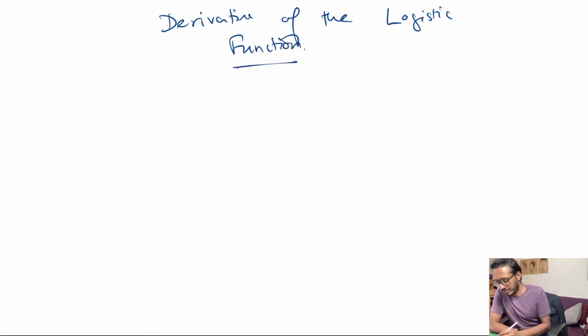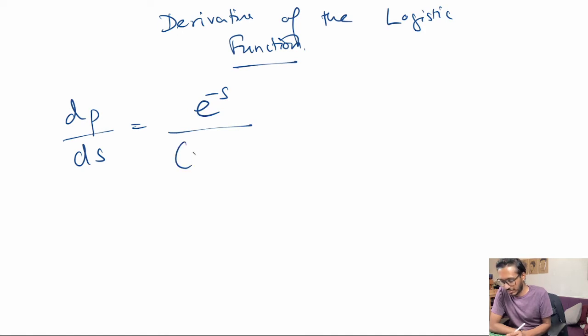Here we have dp over ds, which would be e to the power of minus s divided by 1 plus e to the power of minus s, squared.